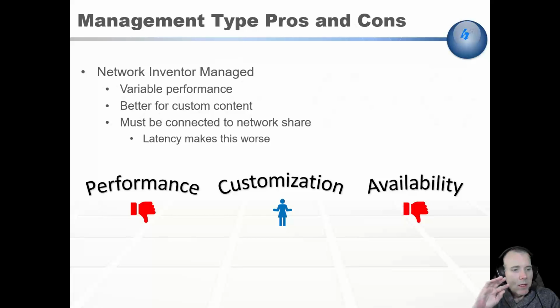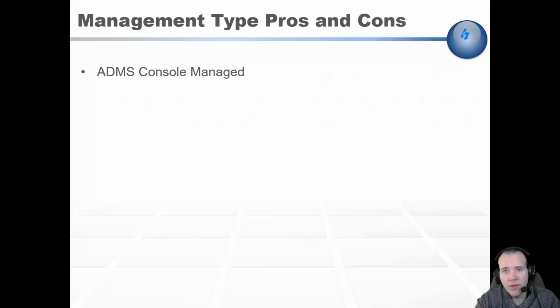So if your goal is to share custom content among multiple people, in my mind, the best option is going to be to manage it with a Vault server. Now, that doesn't mean you have to use Vault, right? You don't have to put your files in a Vault. An ADMS can serve just for Content Center management. You don't have to do your file management in Vault.